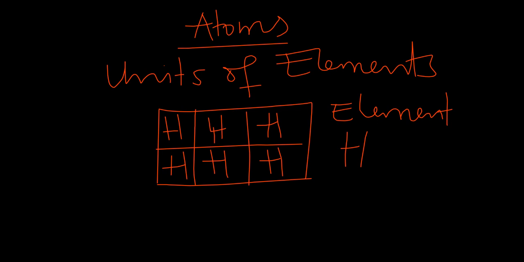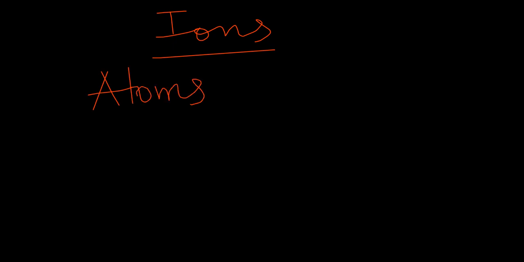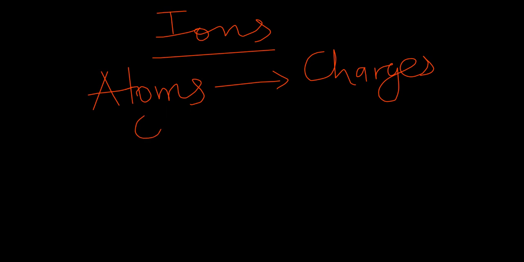Let's look at the next building block of matter. So the next building block will be ions. So let's look at ions. What are they? Ions are simply atoms, but then they are atoms with charges. So we define ions as charged atoms. Very simple.